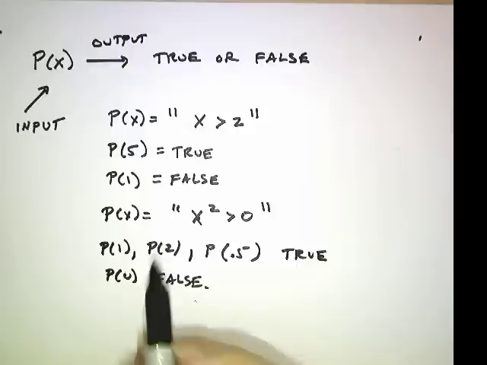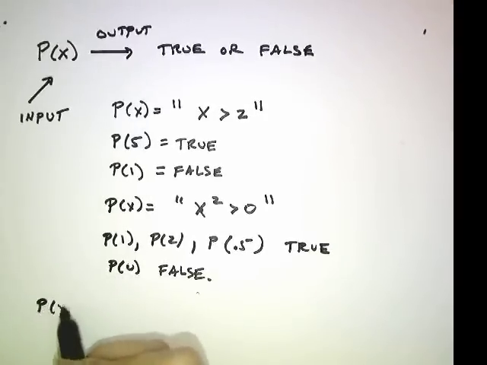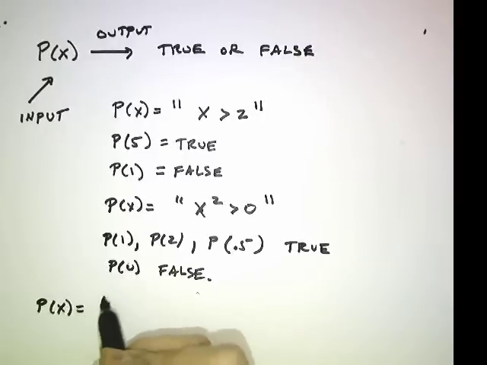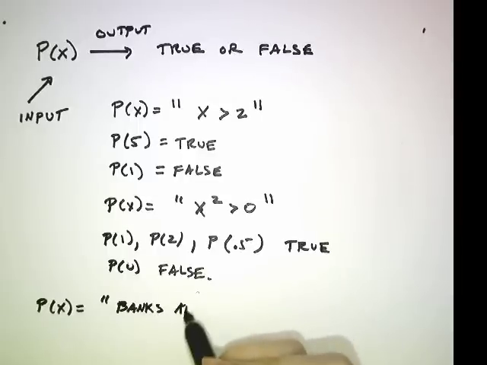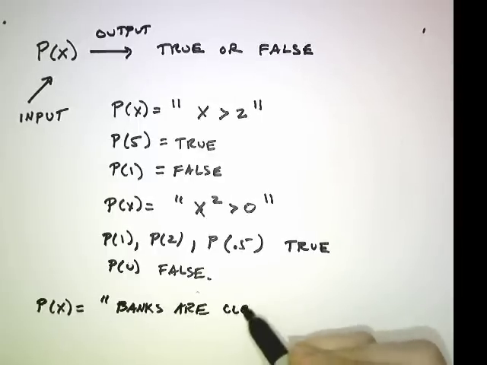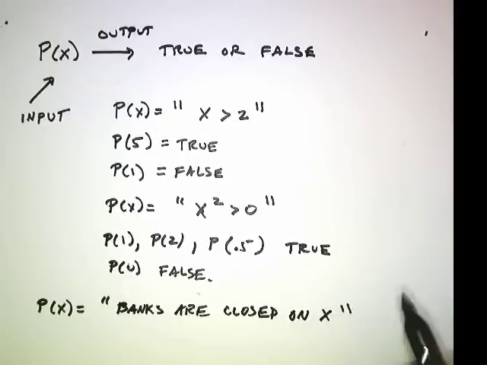We don't necessarily need to work with numbers. For example, p of x could be banks are closed on x.